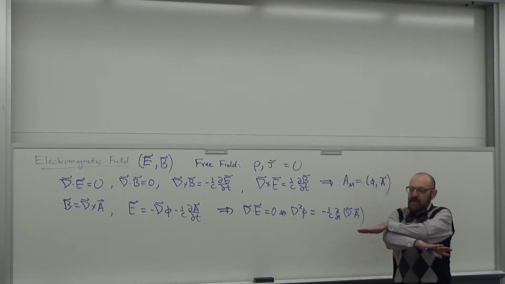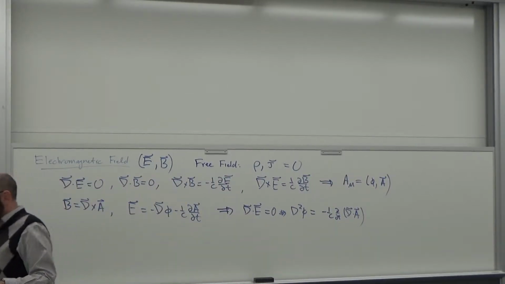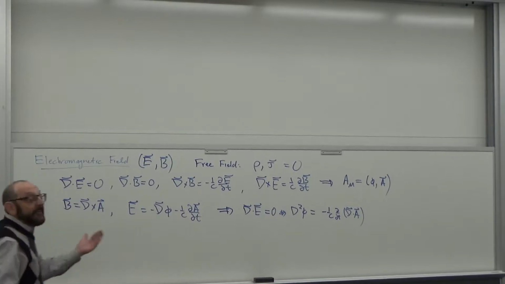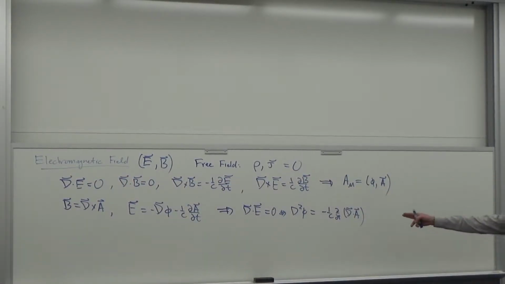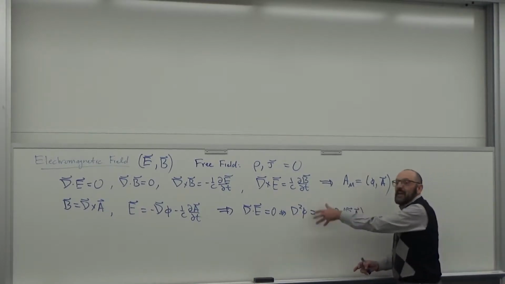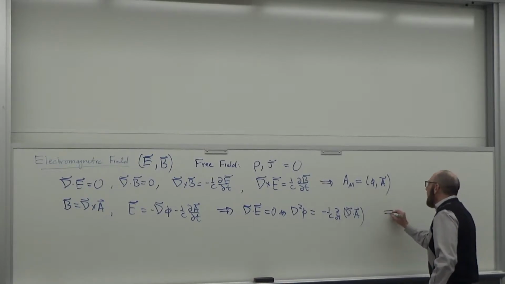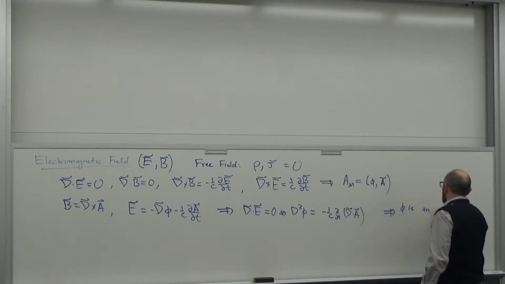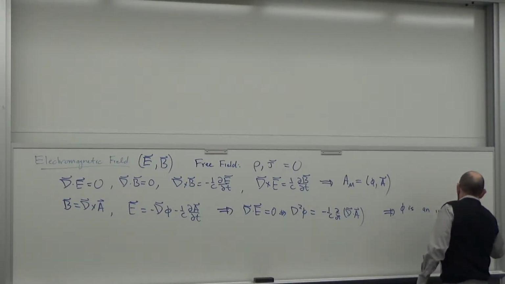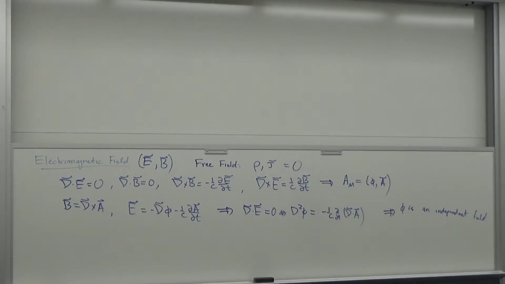If I specify at the initial time what the vector potential is, then that specifies phi at all later times, because this is a Poisson-like equation and I can write the solution. So phi is not an independent item, and we can just eliminate it. We're left now with the 3-component field.